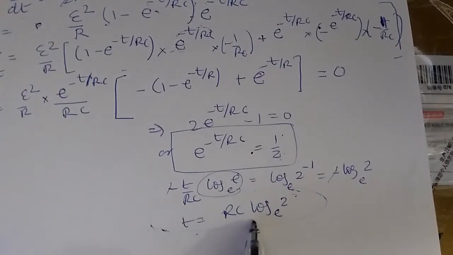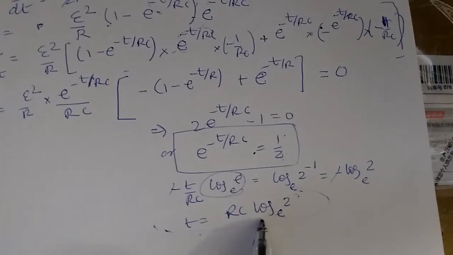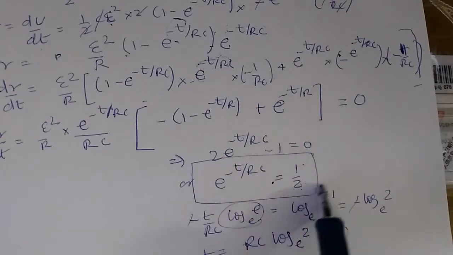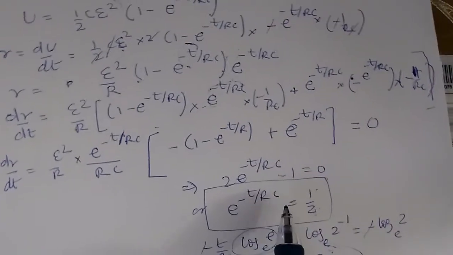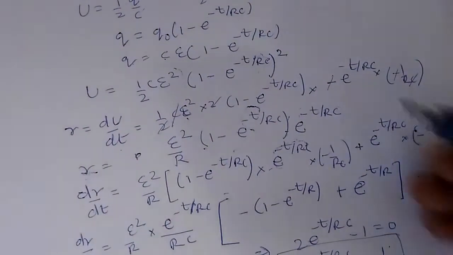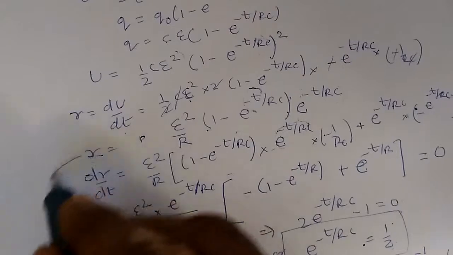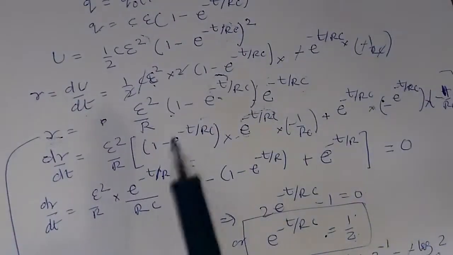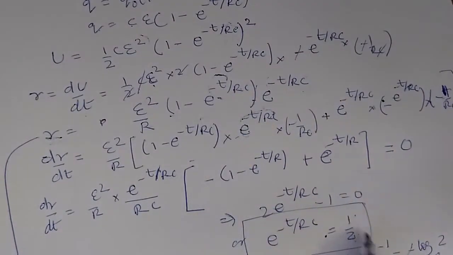The second part is, what is that rate? To find this rate, take this value e to the power minus t by RC equal to 1 by 2 and substitute it in this rate equation. So e to the power minus t by RC is 1 by 2, so this is 1 minus 1 by 2.